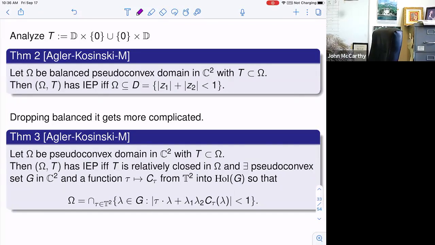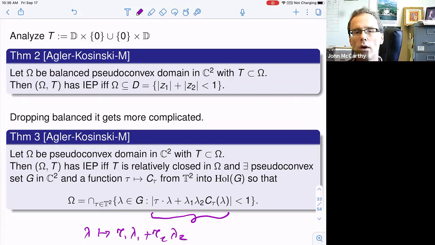And if you think about it, what this inequality says is if I choose the function lambda goes to tau 1 lambda 1 plus tau 2 lambda 2, we know that has norm less than 1 on the 2 cross disks T. And then this says that I can find some extension to all of omega.